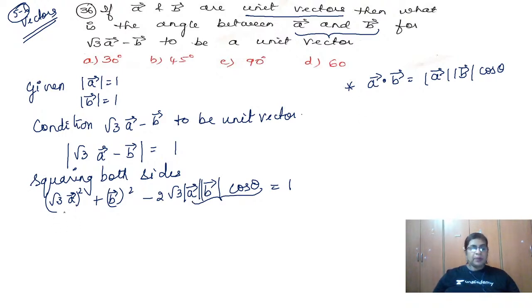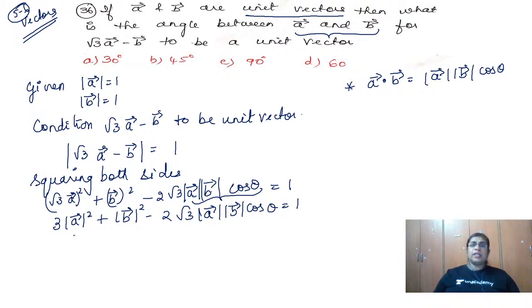So root 3 will become 3. So it is 3 into magnitude A square plus magnitude B square minus 2 root 3 into magnitude A, magnitude B, cos theta is equal to 1 square, which is 1.